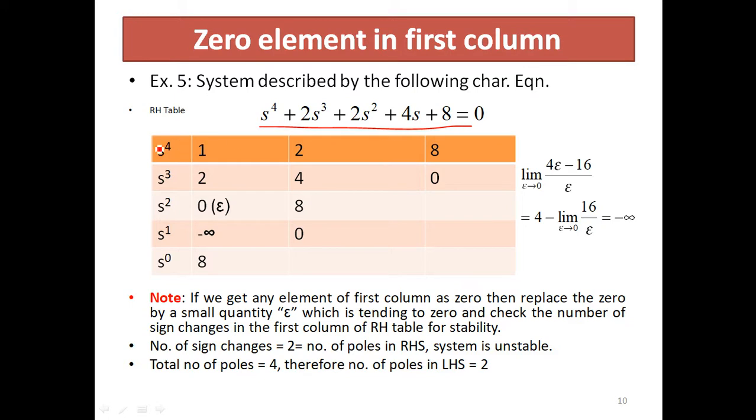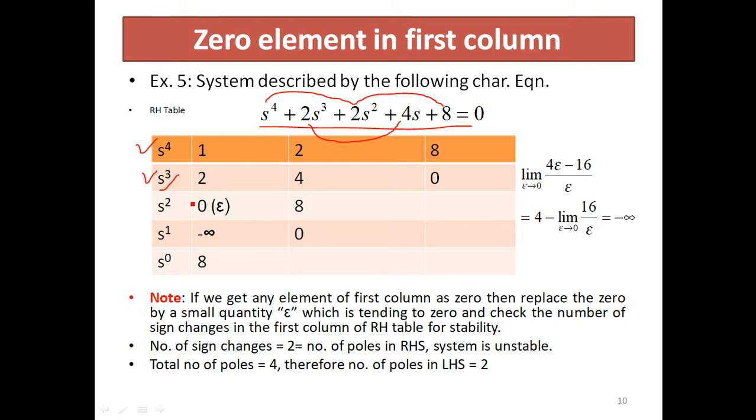The first two rows of the Routh array are derived from the characteristic equation. The very first row elements are 1 and 8. The second row, s raised to power 3, has elements 2 and 4.